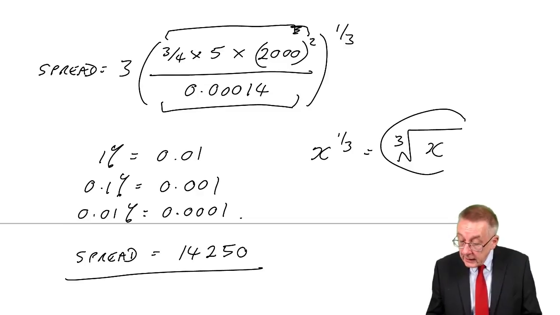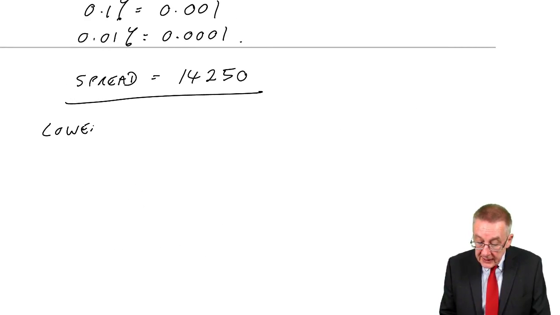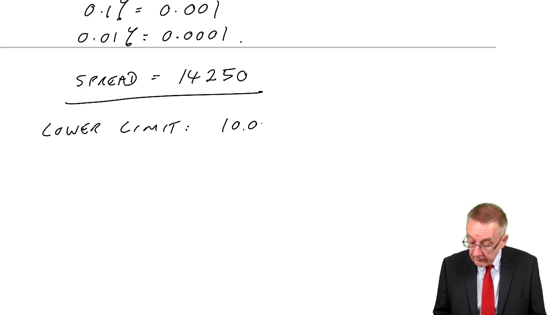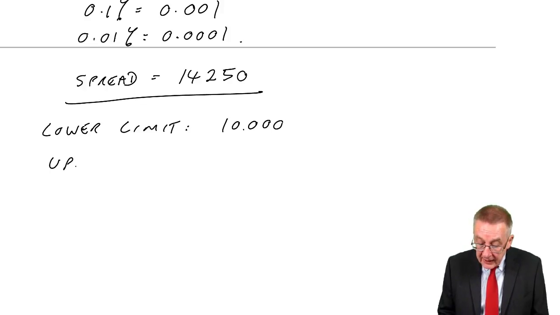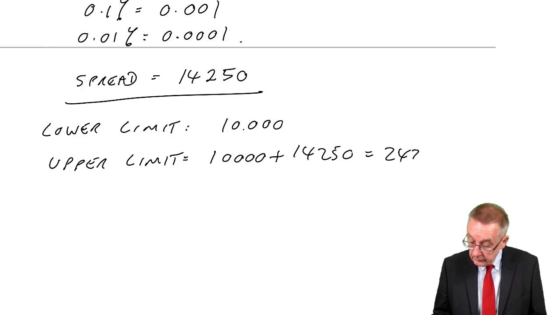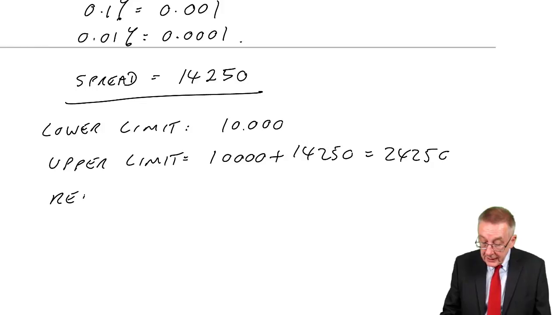Having got the spread, it's now easy, because remember we said the lower limit will always be given in the question, and it's 10,000. The upper limit, 10,000 plus the spread. And finally, the return point.